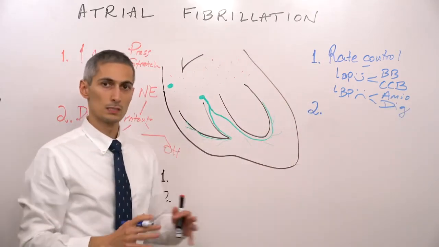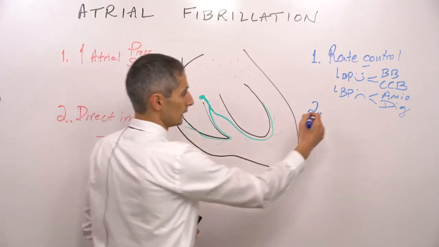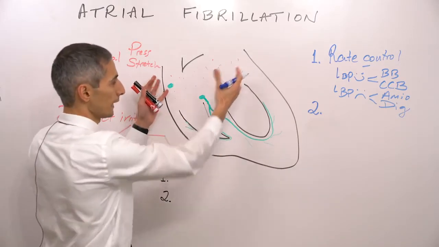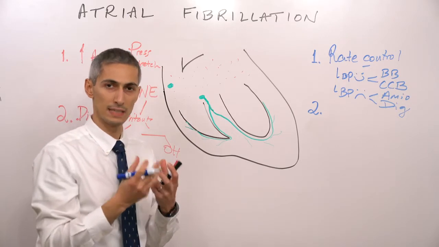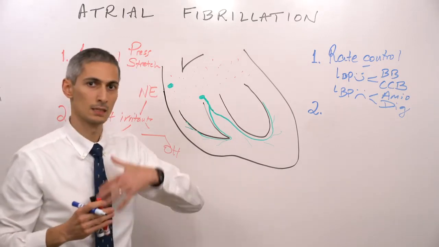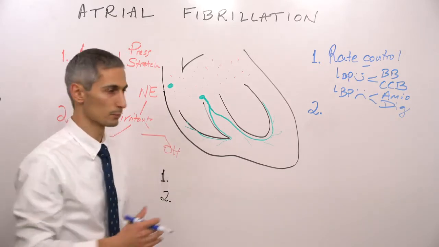The second goal, and this is more of a long-term consideration, is prevention of thromboembolism. These quivering atria, especially the left atrial appendage, are going to have relative stasis of blood and a propensity to form clots, which can then embolize up into the brain, into your legs, into your mesentery, and cause big problems.